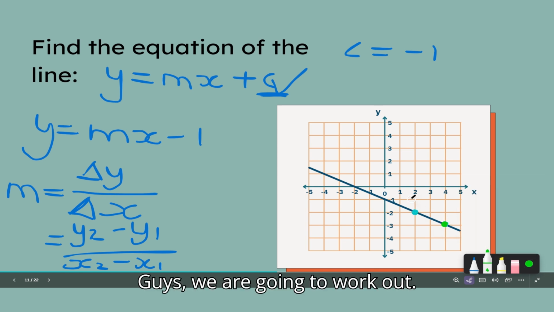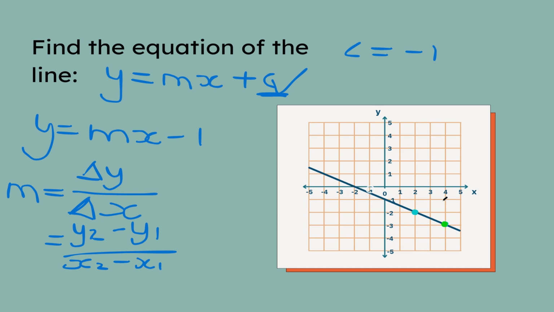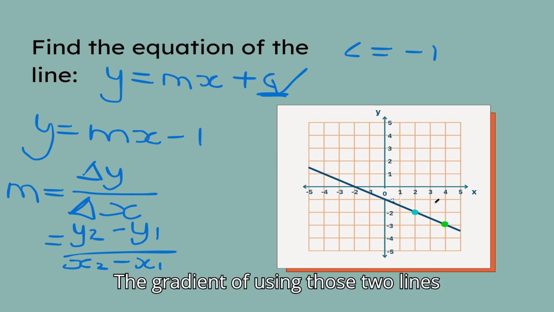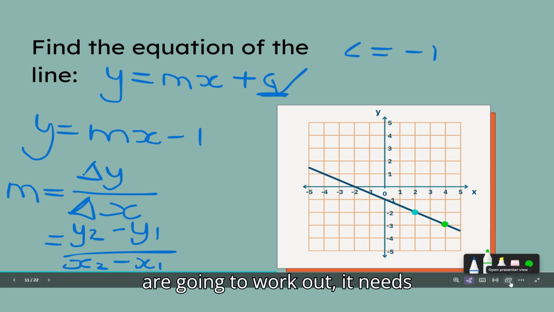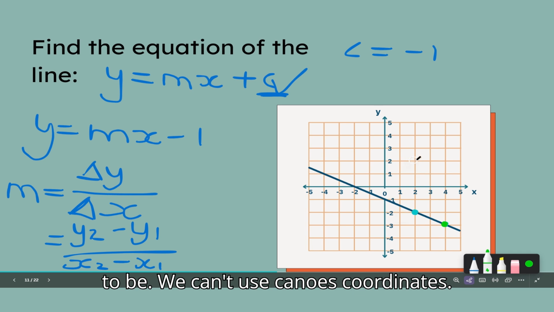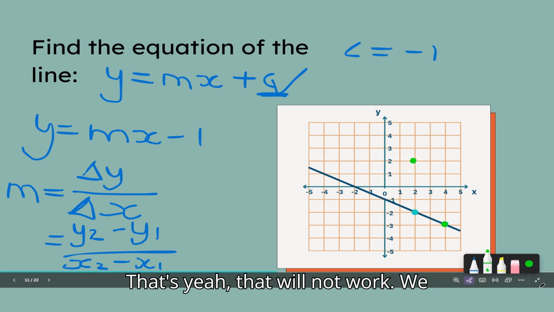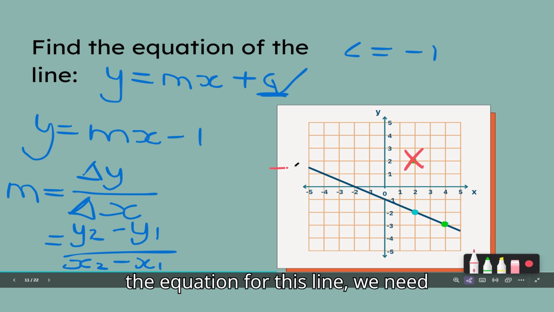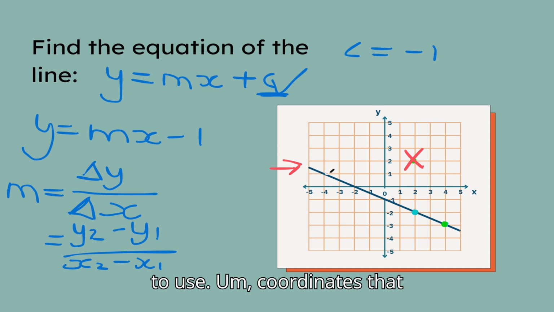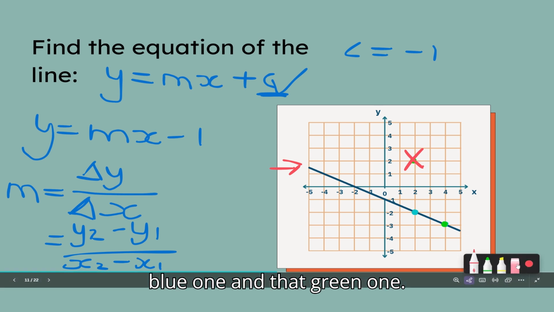We are going to work out the gradient using those two points. We can't use coordinates that are not on the line. If we want to find the equation for this line, we need to use coordinates that are on the line, like that blue one and that green one.